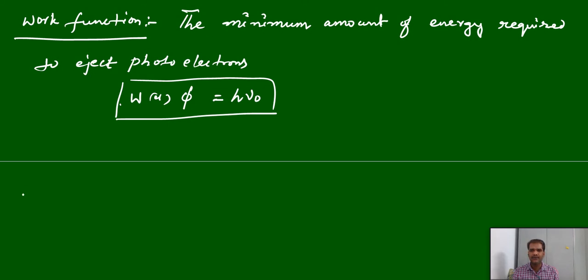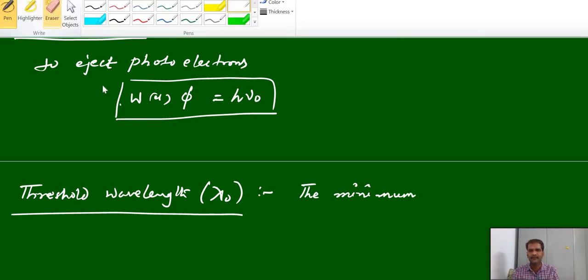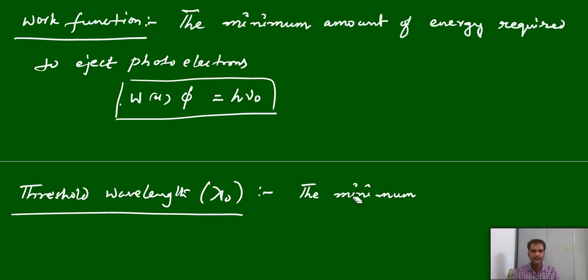And next, threshold wavelength. That is lambda naught. Anyhow, if it has a frequency, ultimately it has a wavelength. So again here the minimum wavelength. Sorry, here we have to take the maximum wavelength, not minimum. We have to take the reverse, because frequency is less but wavelength should be more.